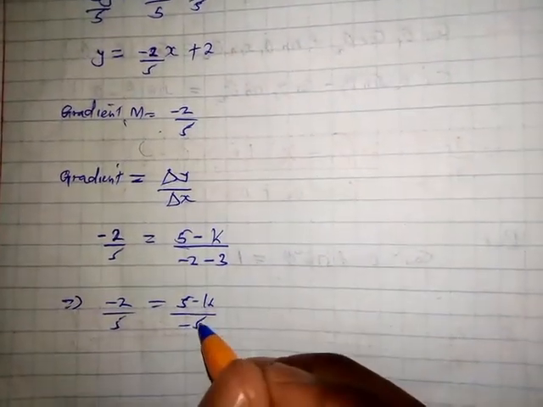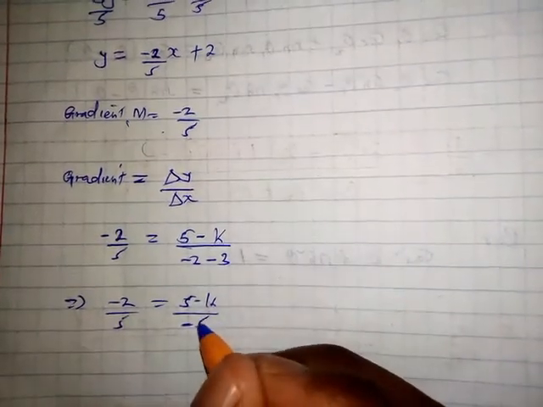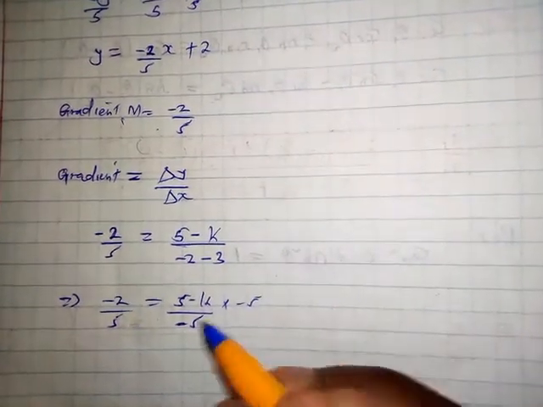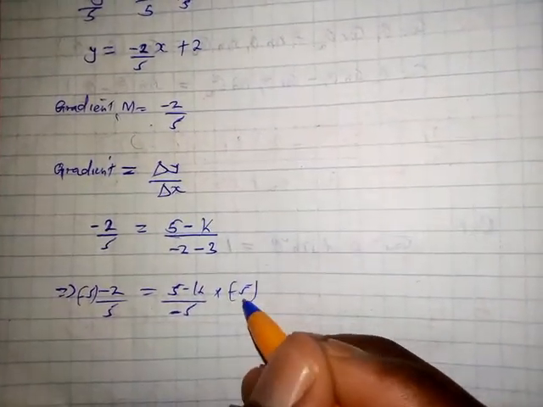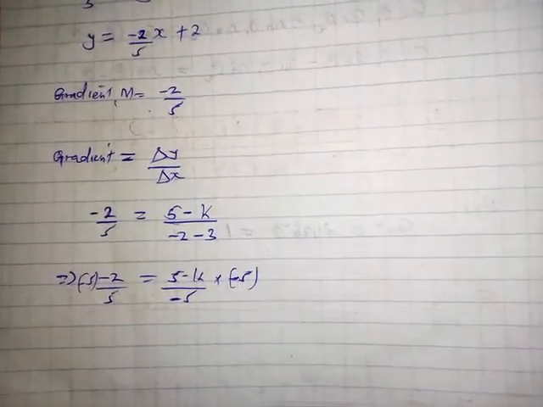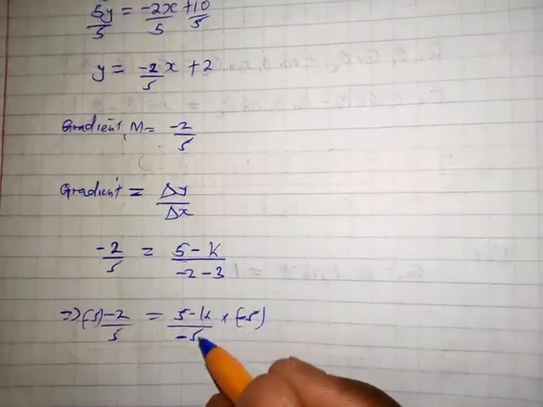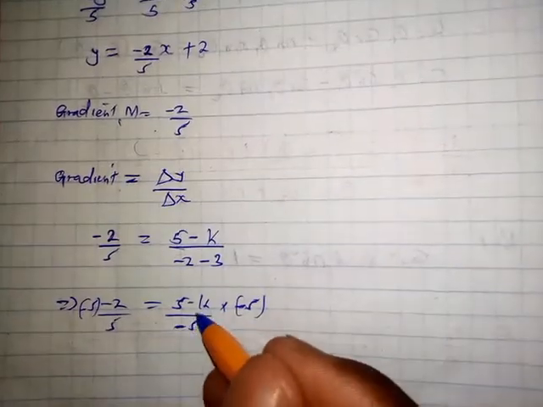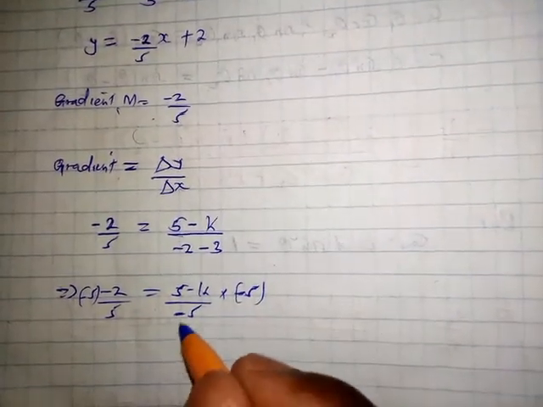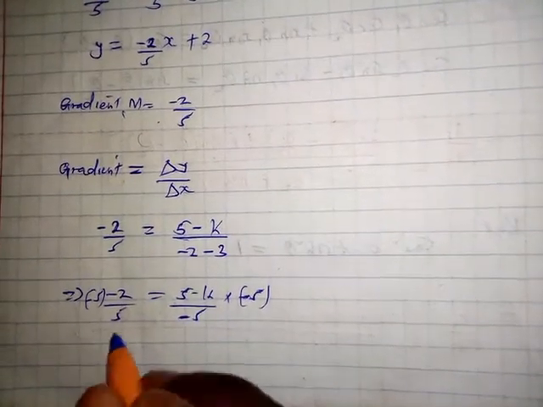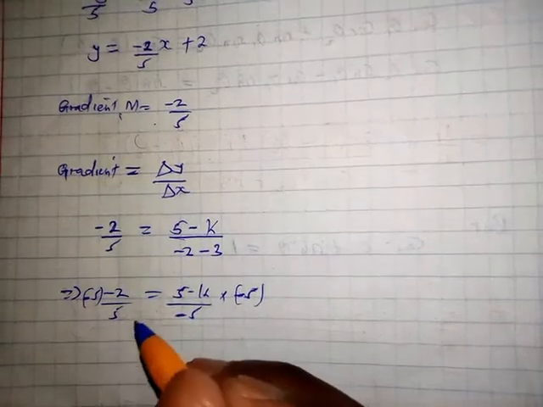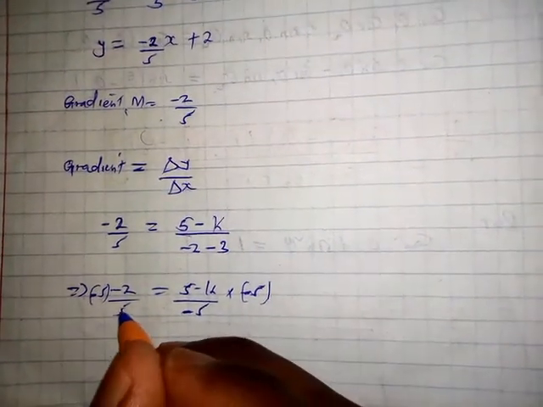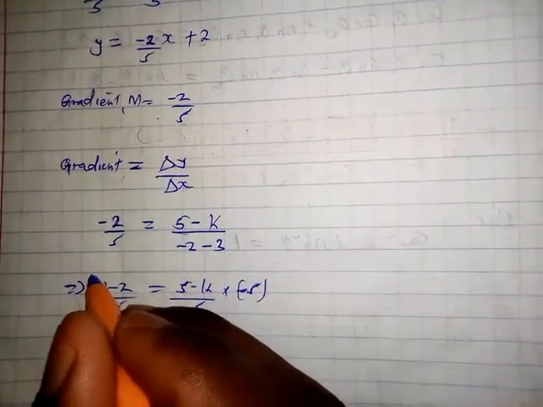So we multiply both sides by negative 5, to get rid of this negative 5 here. So we have negative 2 times negative 5, or you can simply say 5 here once, negative 1.